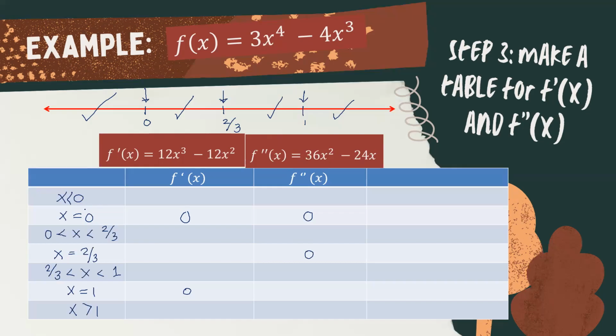Ay, by the way, please take note pala na dito sa first column, nag-alternate yung inequality, equality, inequality, equality, inequality, equality, and inequality. Dun sa mga equation or equality, may equal symbol.